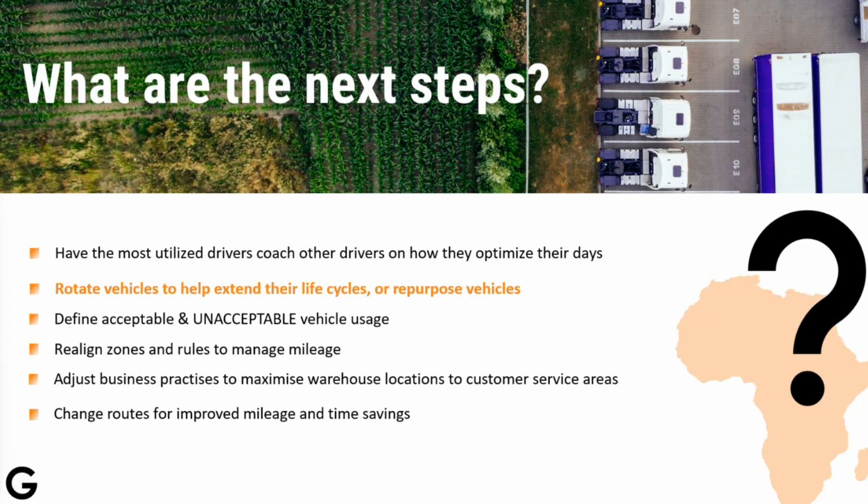Rotating your vehicles to help extend their life cycles or to repurpose vehicles, as highlighted earlier. This will help you with total cost of ownership and ensure that fleets don't have idle vehicles that are still costly, for example paying insurance or maintaining an unneeded or idle vehicle.